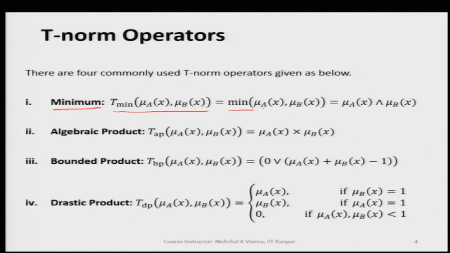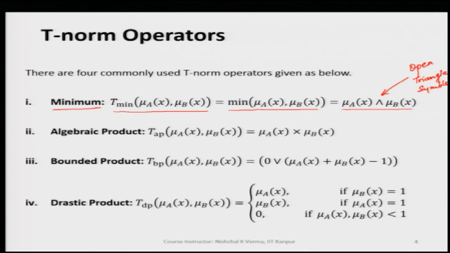And please understand that we can write this min by using the open triangle symbol here. So, this open triangle symbol is for the T norm as min operator. All right. Next, we have the T norm as the algebraic product. This is denoted by T A P, small a small p for algebraic product.